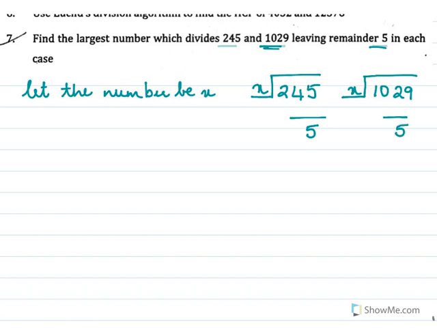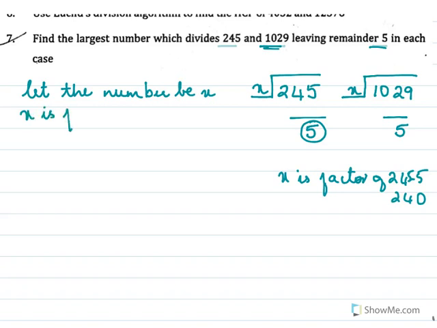So definitely X is not a factor of 245 because you get remainder 5. So X is factor of 245 minus 5, which is 240. So that's what I'm going to write.